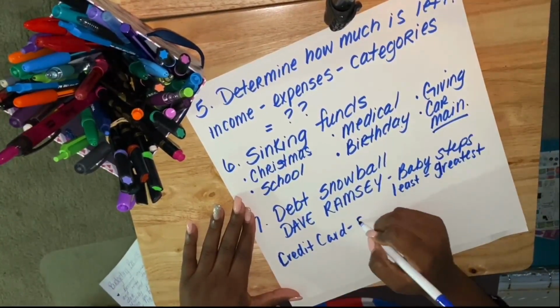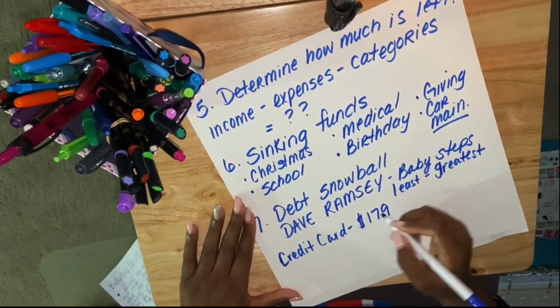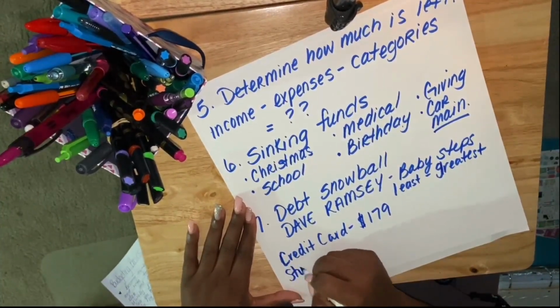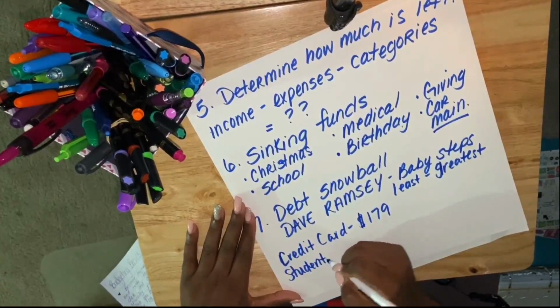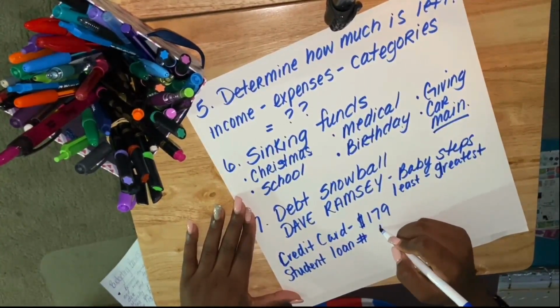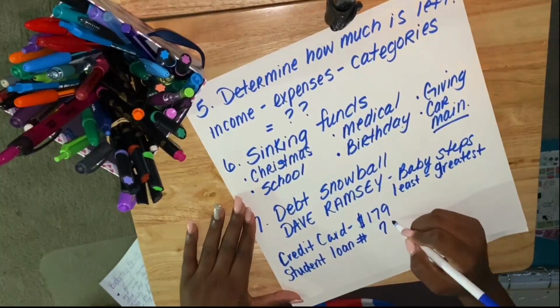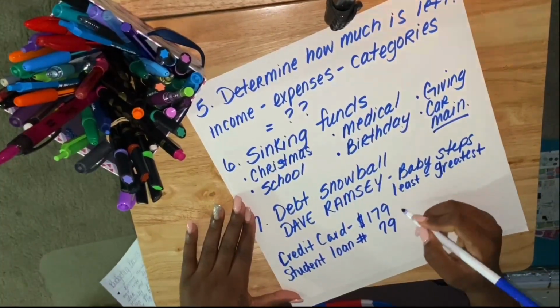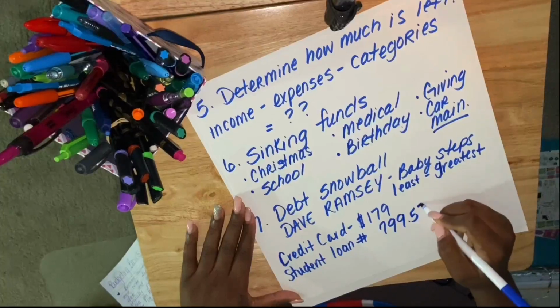So you have credit card for $179. You'll have student loan number 1 for $799.53.